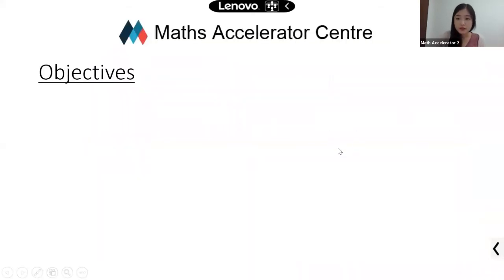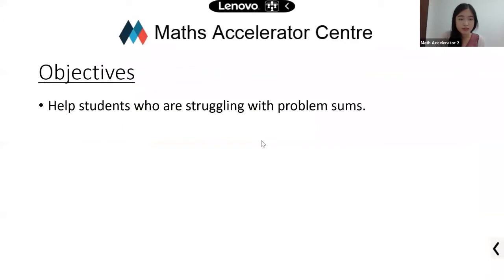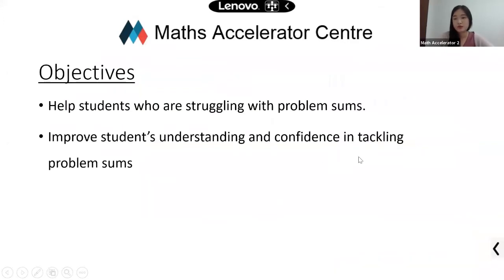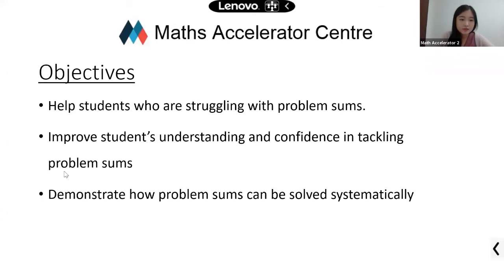So what's the objective of our Zoom lesson? It is to help students who are struggling with problem sums, improve students' understanding and confidence in tackling problem sums, and demonstrate how problem sums can be solved systematically.